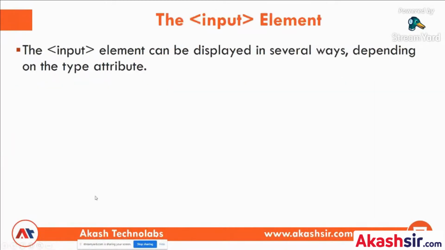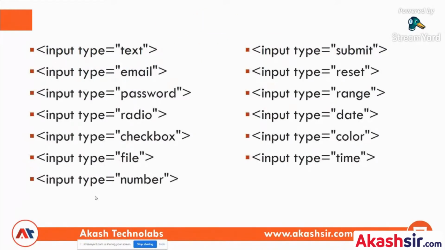Okay. So inside the form tag, we can write various input elements, right? Inside the input, we have various elements that can be displayed in several ways depending on the type attribute. Okay. So you can see we have an input type text, which will display as a text box.